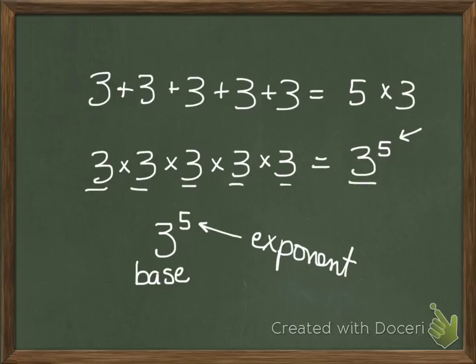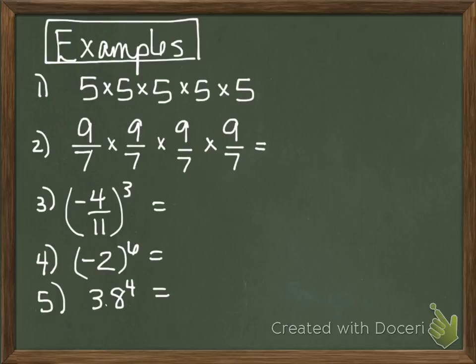And the whole expression we call a power. So 3 to the 5th is a power. The base is 3, the exponent is 5, and it means to use the base as a factor, whatever number the exponent is. Okay, so let's look at some examples.